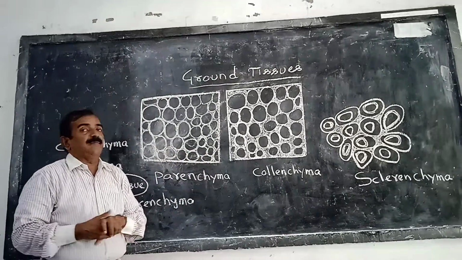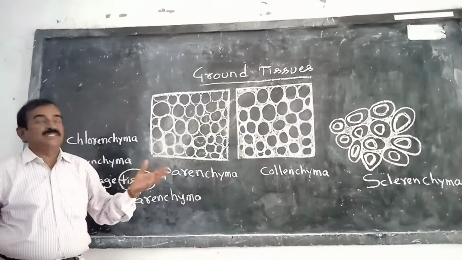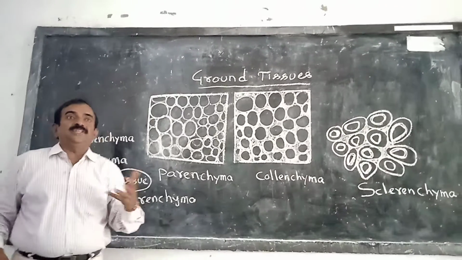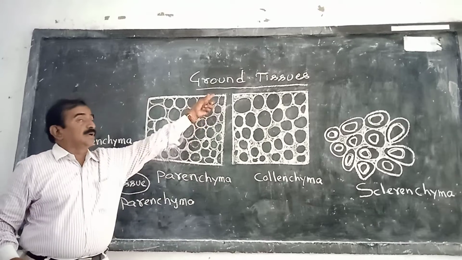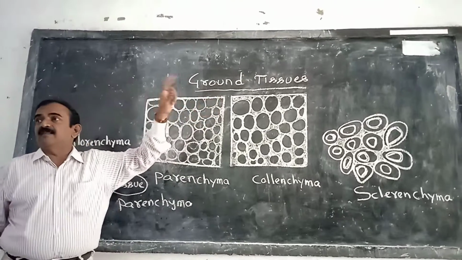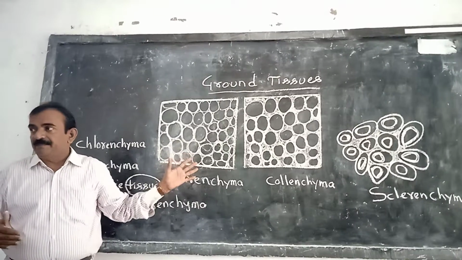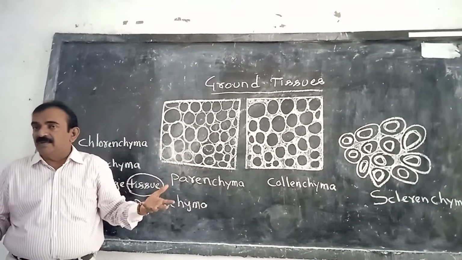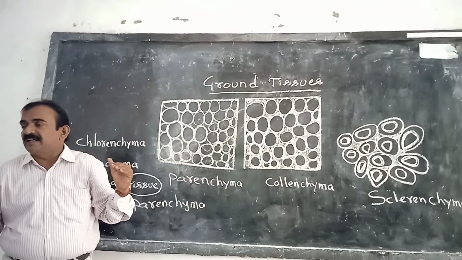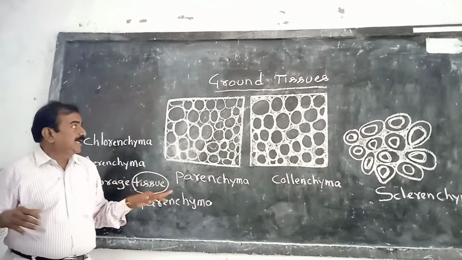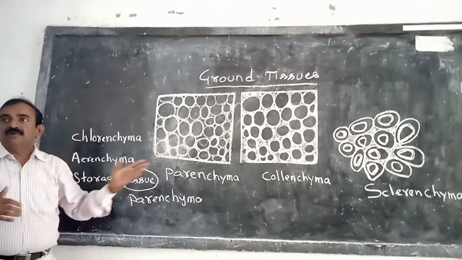Now I am asking a few questions on ground tissue. Which tissue is called bulk tissue? Ground tissue. Why is it called bulk tissue? It is present in large amount in the plant. Name the three types of ground tissue.